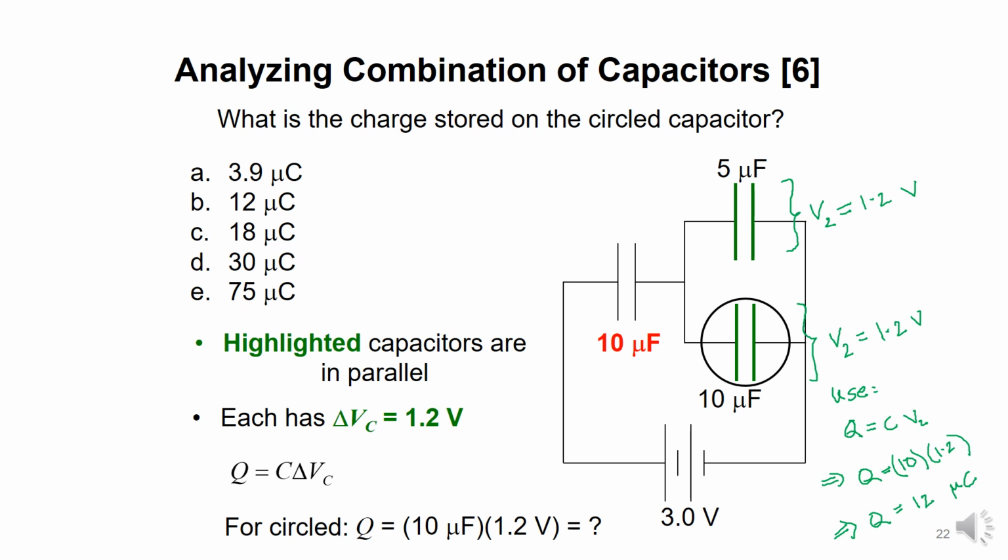All right, so doing that, we can calculate the charge stored in the system using the equation Q equals CV. So once we have the charge in the entire circuit, we go backwards, look at the less simplified circuits, piece by piece, and try to figure out the voltages. And eventually, once we have the voltage and the capacitance, we can calculate the charge stored in the circle capacitor.